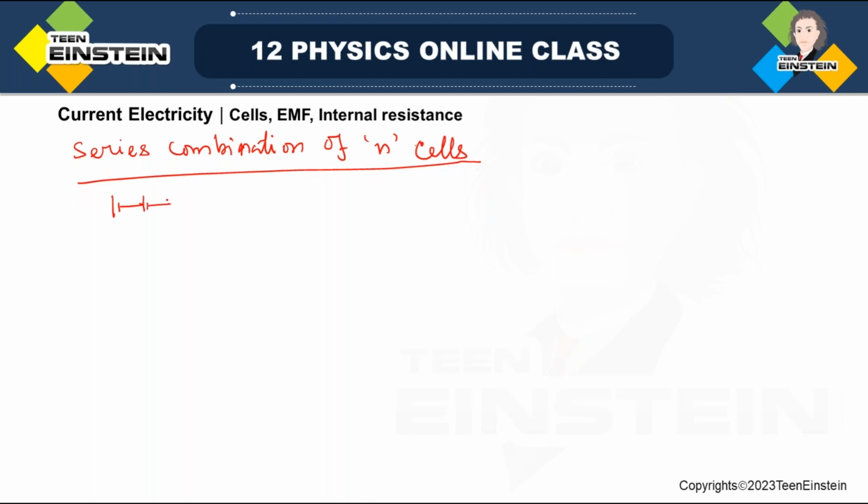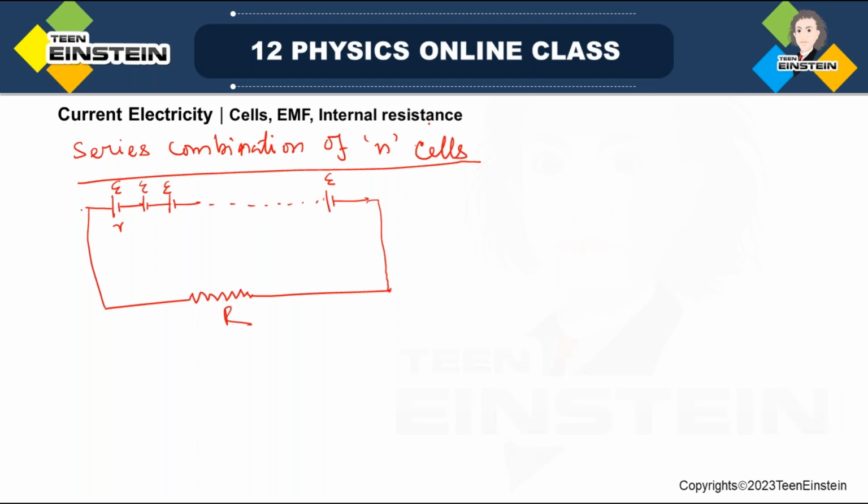I'm just taking a general case, it goes up to n cells. And let us say there is an external resistance connected to this, capital R. Suppose for the time being, all of them have the same EMF E and the same internal resistance r.